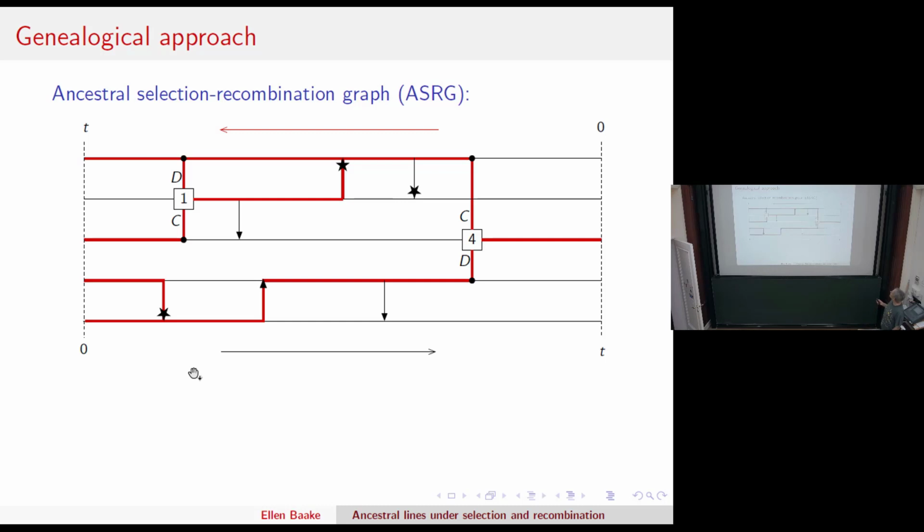And that goes as follows. Start here, follow back its line. When it meets a recombination square, then it's clear that the sequence splits up into head and tail. When a line meets a neutral arrow, then it follows the arrow back because it comes from this parent.